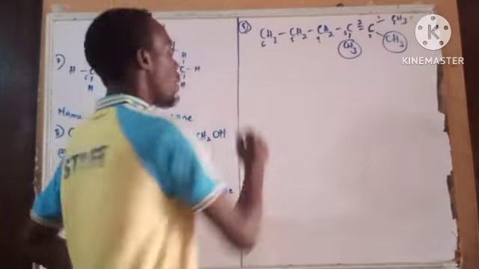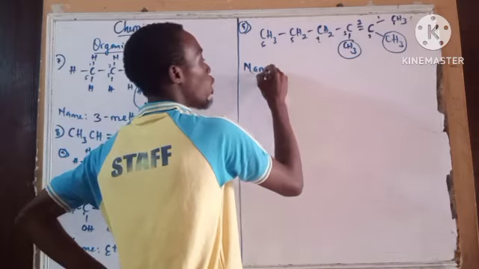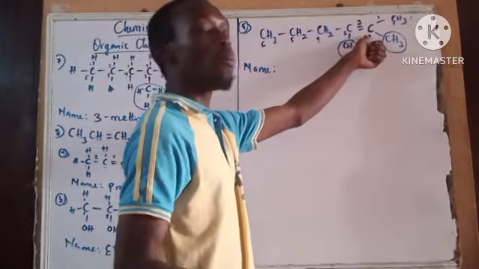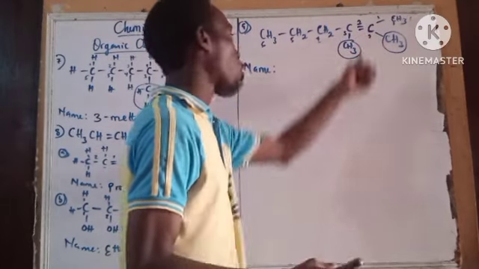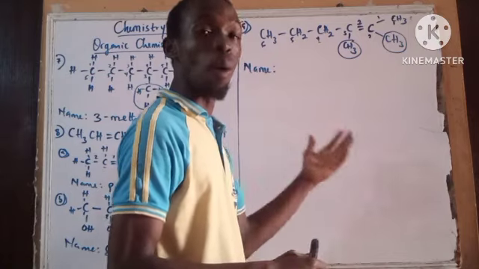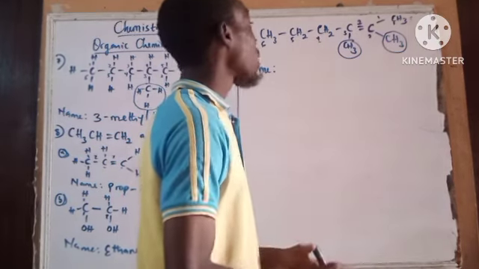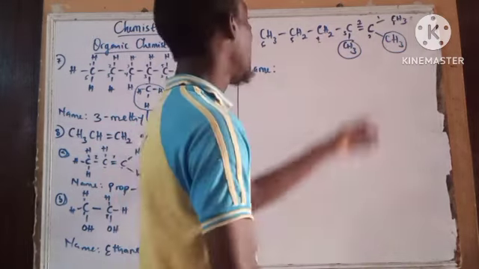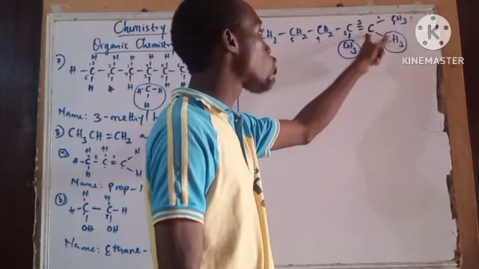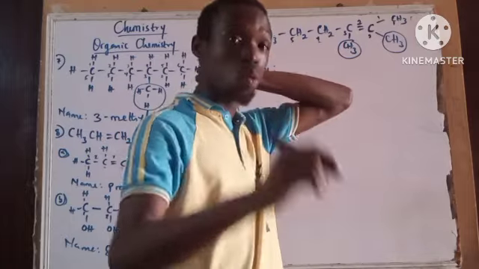So now I have a name. Longest continuous carbon chain is 6, hex. Homologous series is alkene because of the presence of the double bond functional group, and that makes the name hexene. The position of the double bond is on carbon 2. That makes it hex-2-ene.